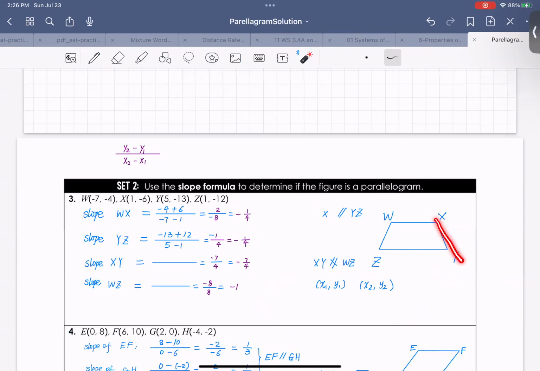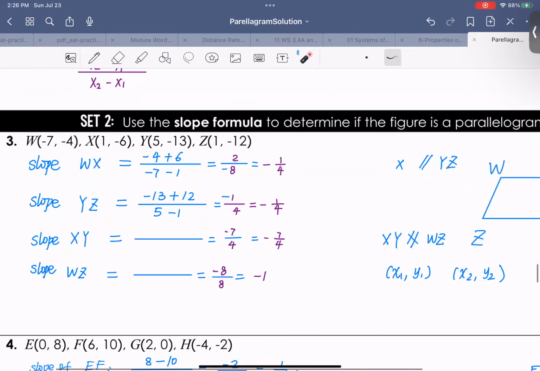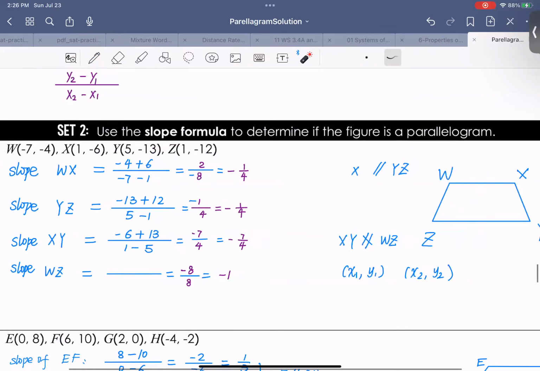Next one, we want to do XY. Go ahead, please. -6 plus 13, 1 minus 5. So this gives you -7 over 4, right? Yeah. And then after we have the XY, we want to do the WZ.